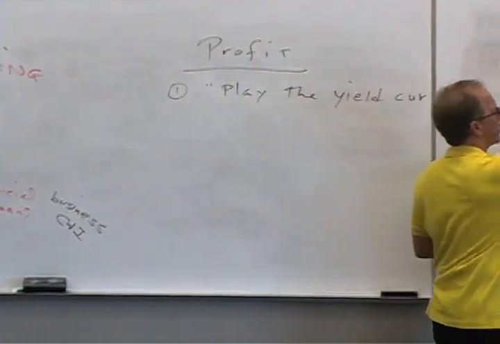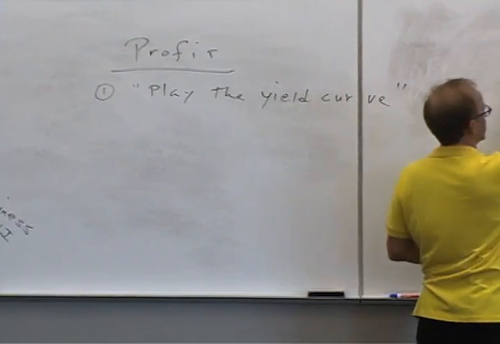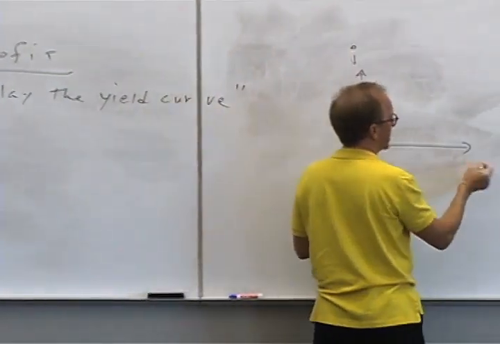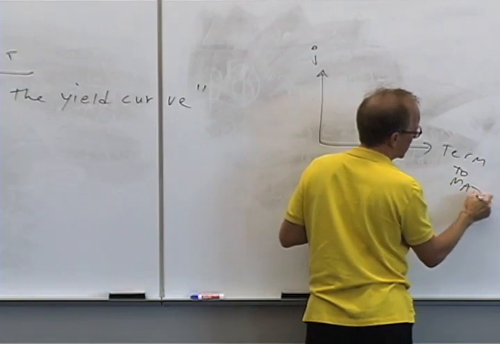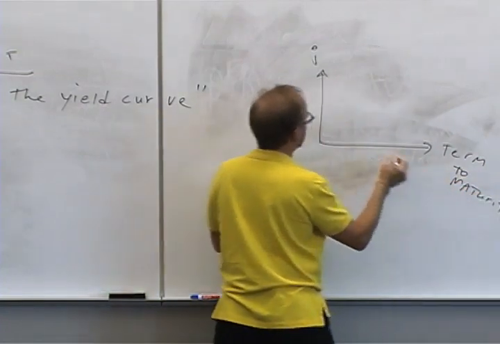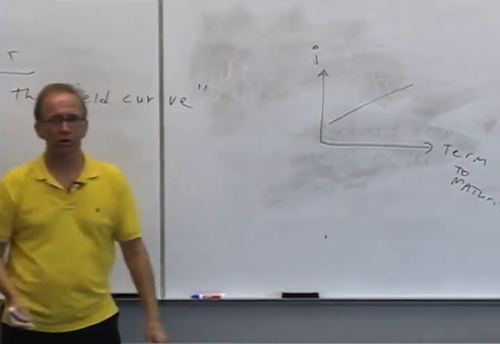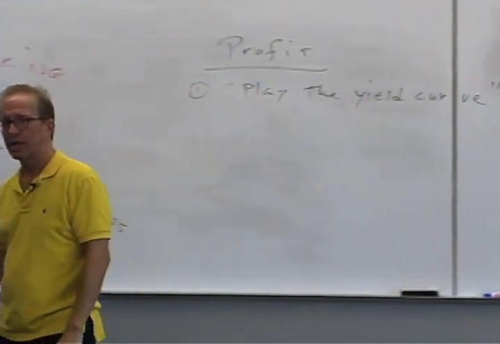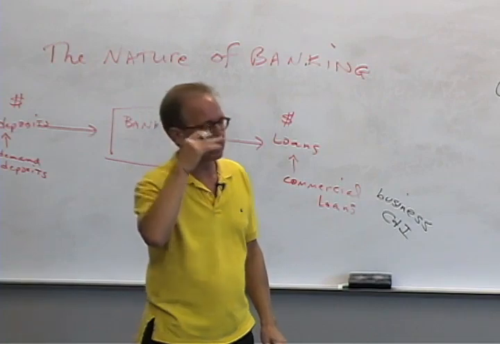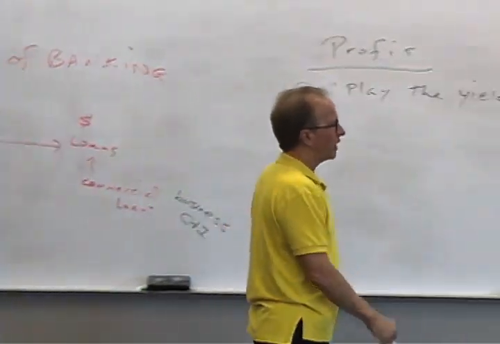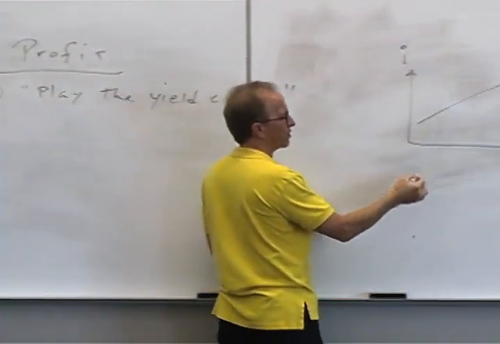And let me just draw a little graph here to illustrate what I mean by that. Not very long ago, we were talking about yield curves, and we were saying those yield curves normally have this positive slope to them. Okay? Well, here's what bankers do.